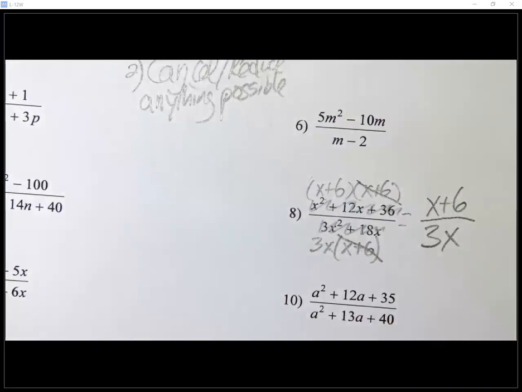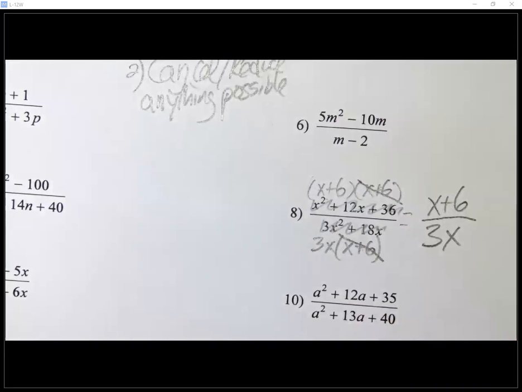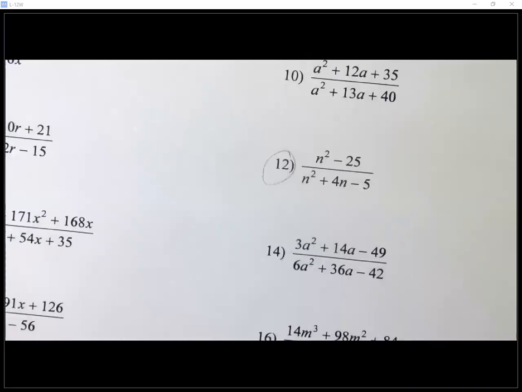Are we feeling all right? Oh, you know what? Try 12. That's got a factoring pattern we haven't seen in a while before we get to the real tricky ones.